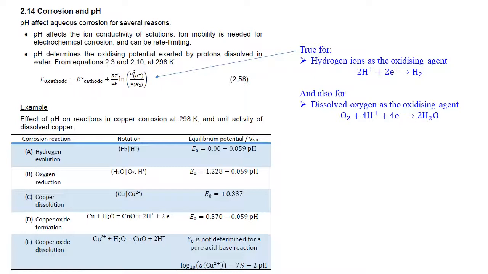Okay, now that we've got this idea from equation 2.58, we have everything we need in order to construct a diagram which predicts whether corrosion happens for any metal of interest in any corrosive environment, or at least any aqueous corrosive environment.